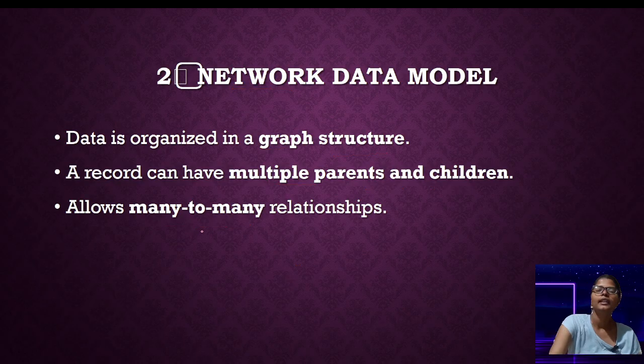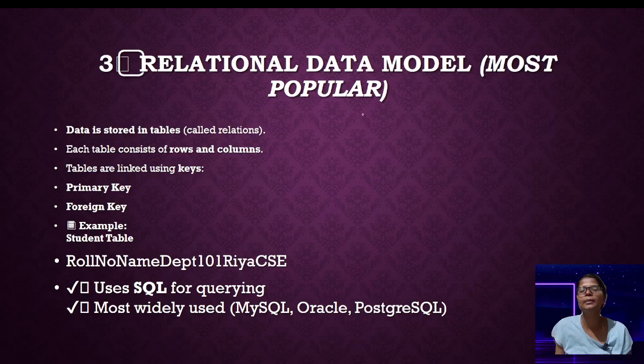Next, the third one is the relational data model, which is very important and very popular. We are going to deal with databases using this model. Here the data is arranged in a tabular format, in rows and columns. Each table contains rows and columns, and the tables are linked with keys called primary key and foreign key.